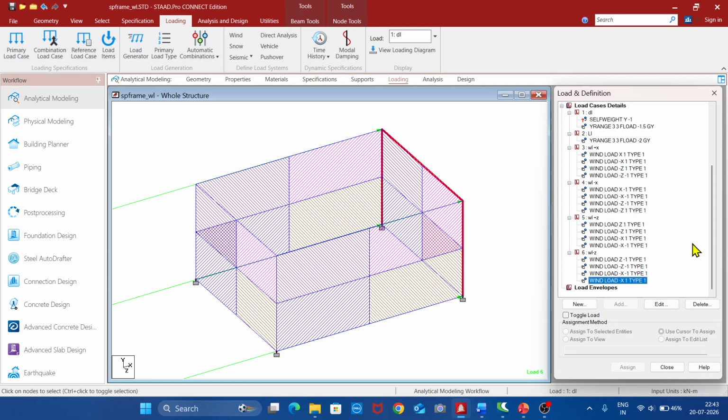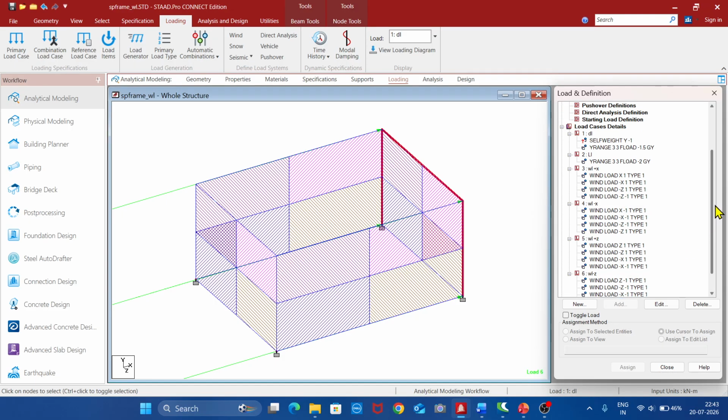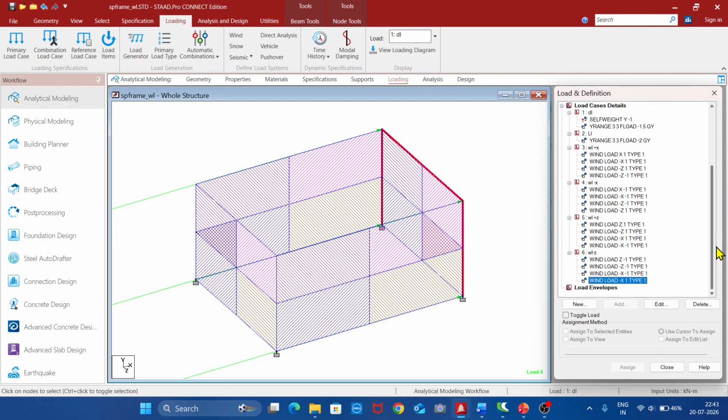So this is how we should define the wind load for any building. Plus x, minus x, plus z, minus z. In plus x we have windward side 1, leeward side also 1, then for the two side walls 1 and minus 1.